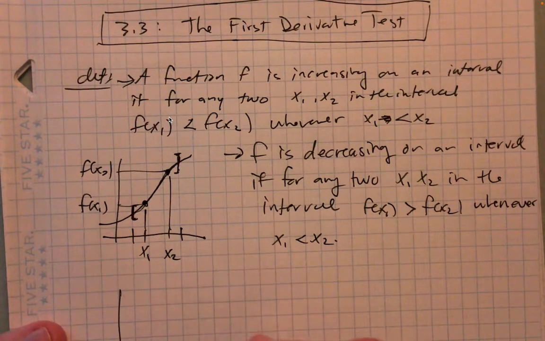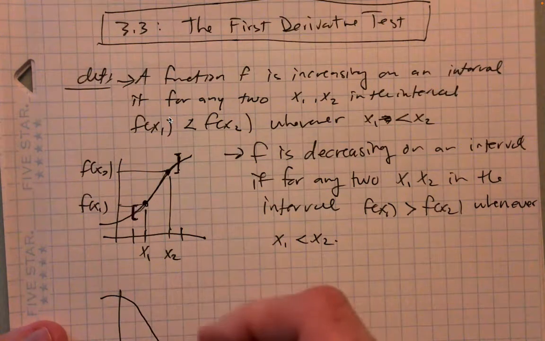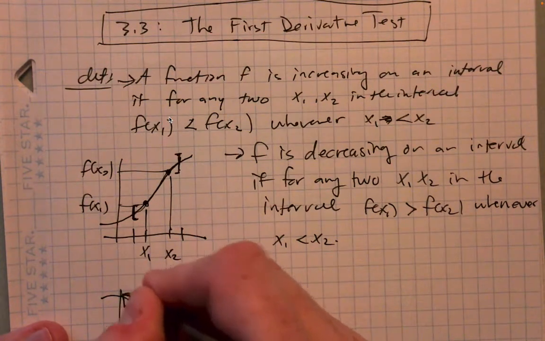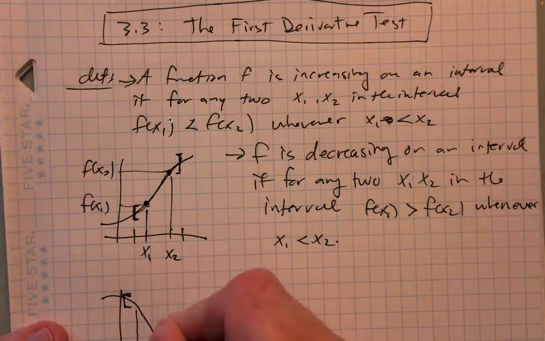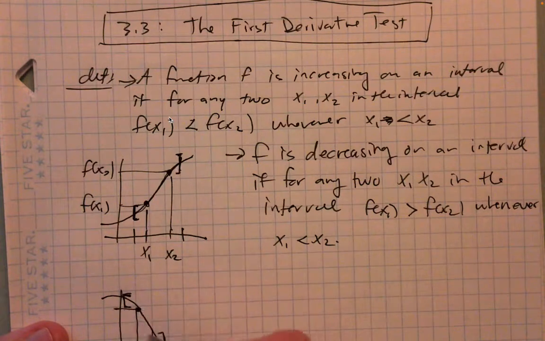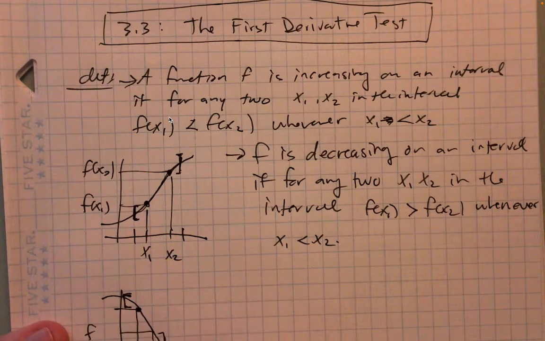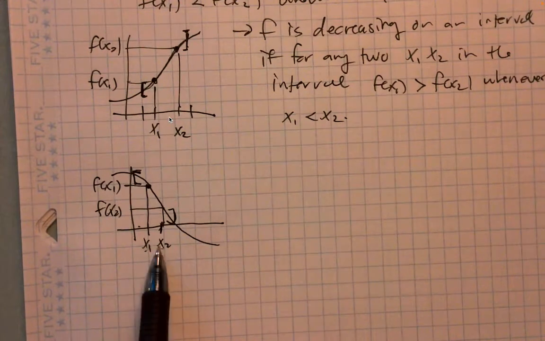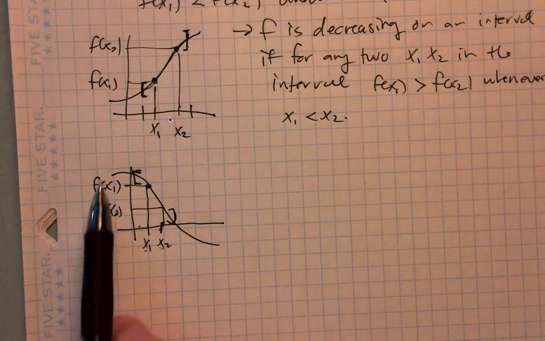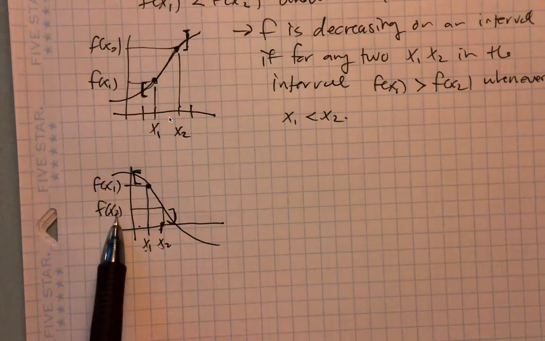So in the case of a decreasing function, let's say we're interested in this interval here, from there to there. Here's your x1, there's your x2, and so you're going to have f of x2 and f of x1. You can see that when x1 is less than x2, then f of x1 needs to be greater than f of x2.